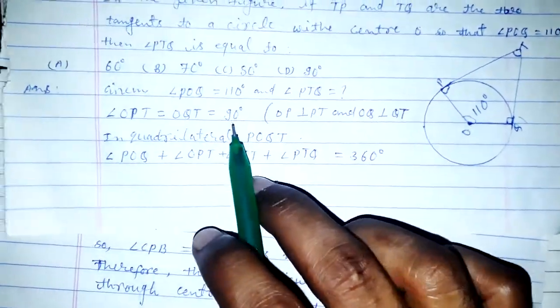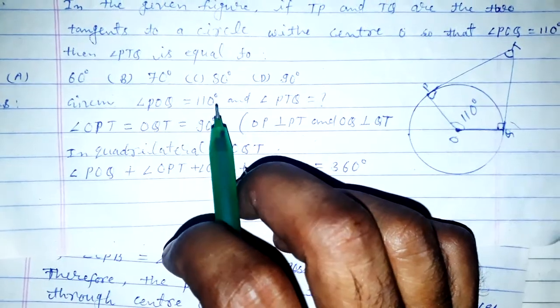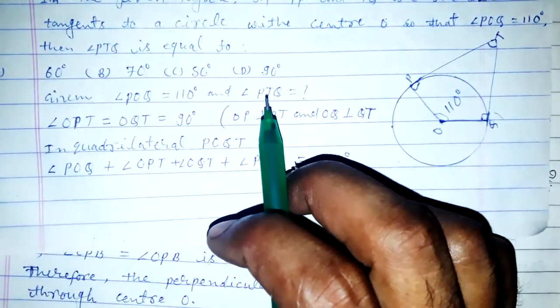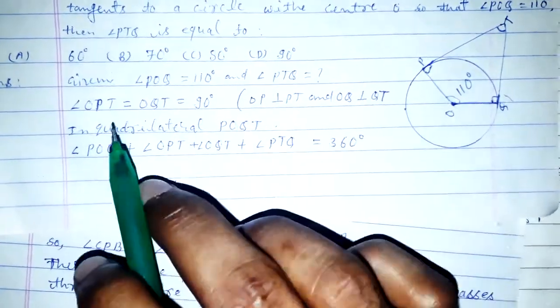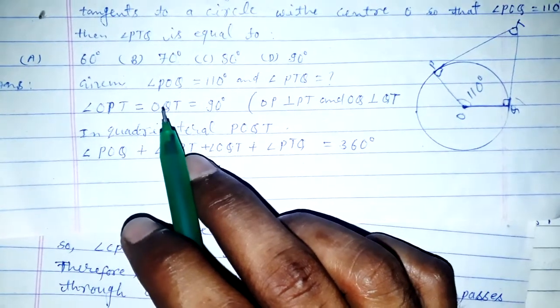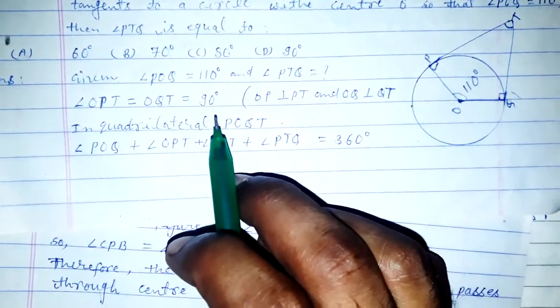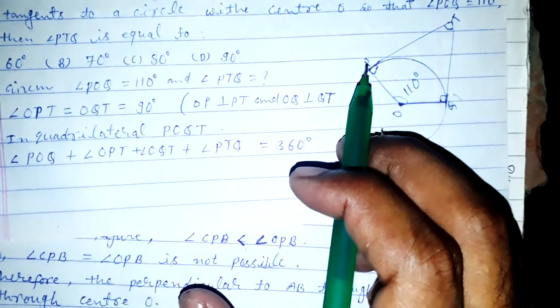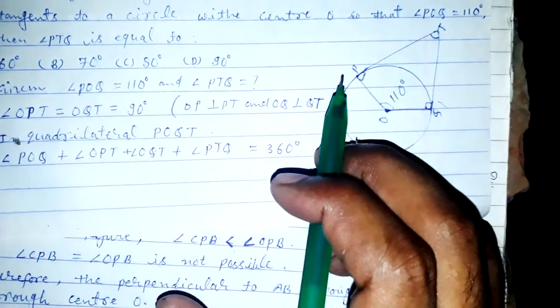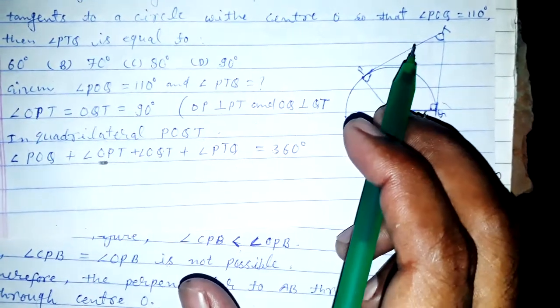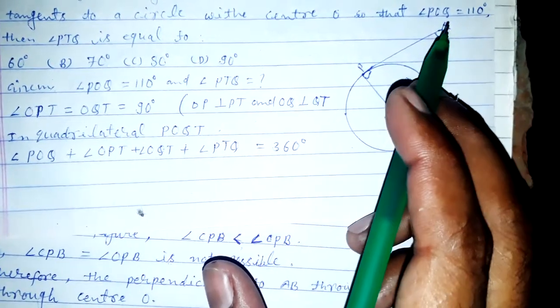Given that angle POQ is equal to 110. Angle OPT is equal to angle OQT is equal to 90 degrees, because OP is perpendicular to PT and OQ is perpendicular to TQ.